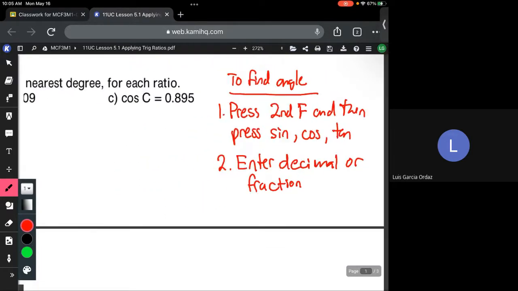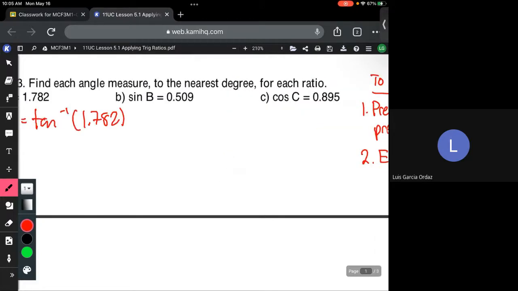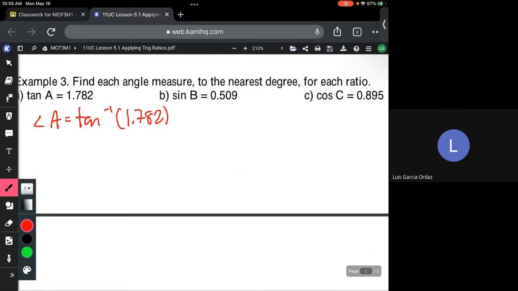We're going to round to the nearest degree. So what did you get? 60.7. So 61. How would you write this?